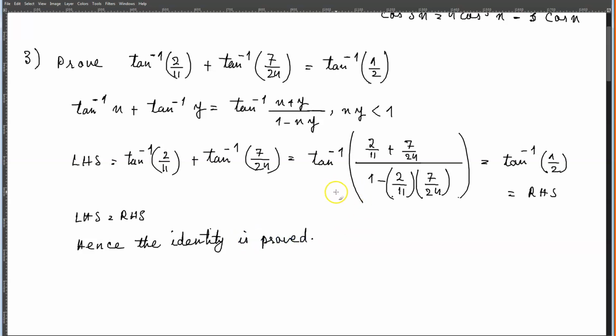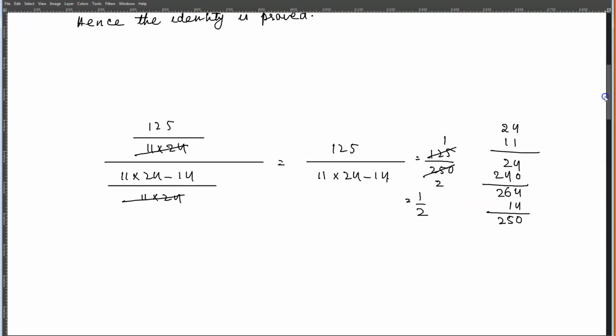So that was question number 3. Now question number 4. There is another one of these that we can prove here.